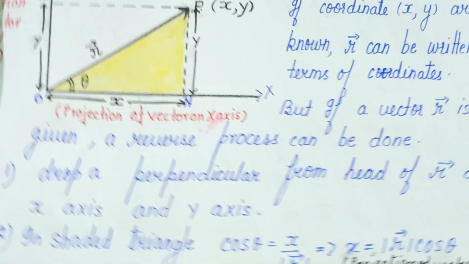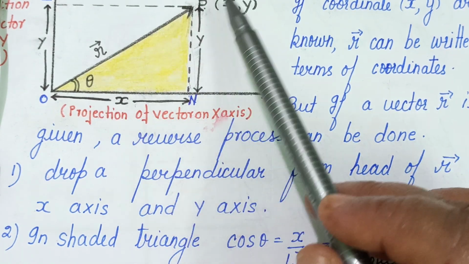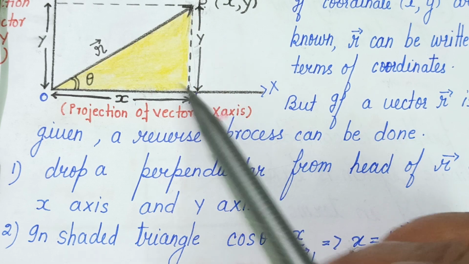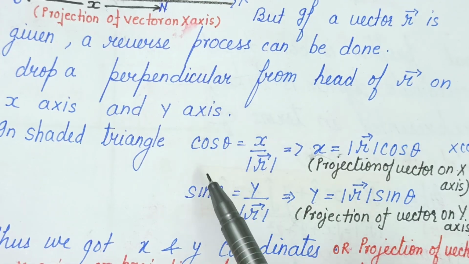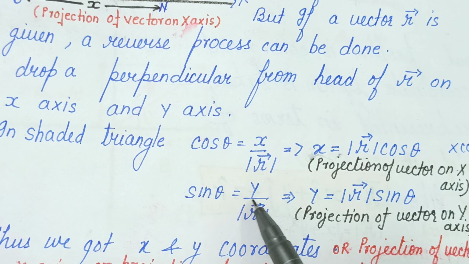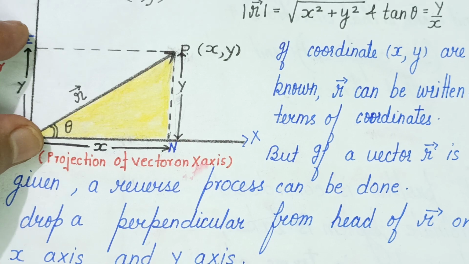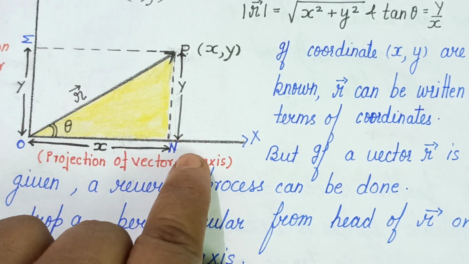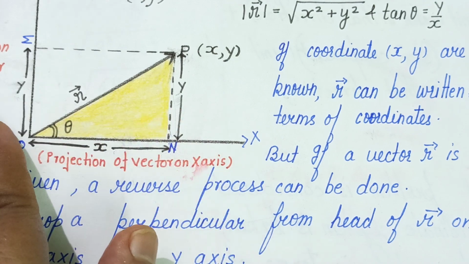And just look at sin theta here. Sin theta is perpendicular upon hypotenuse. So sin theta is perpendicular, that is, now see, the length OM and this length which is represented by y, they are the same.